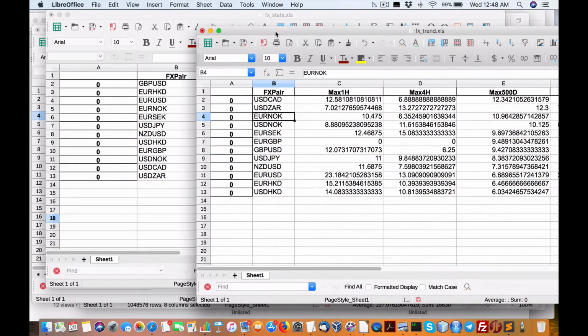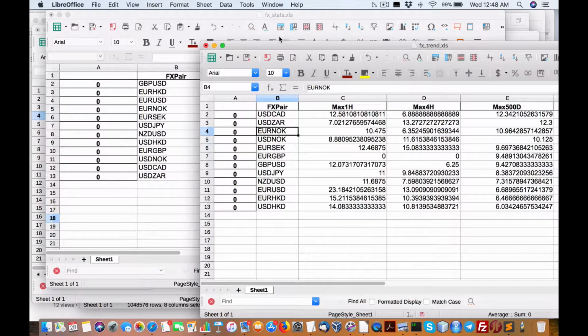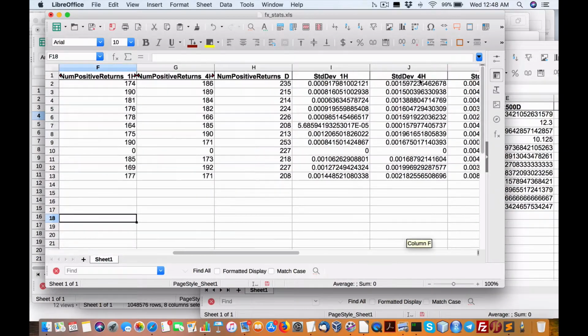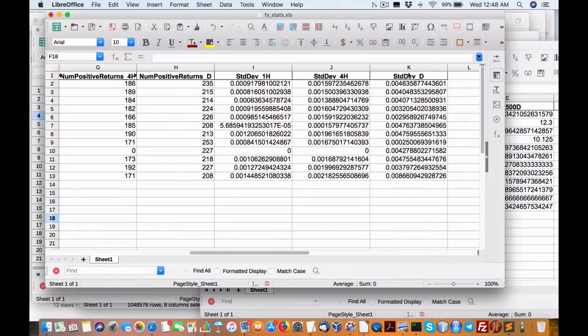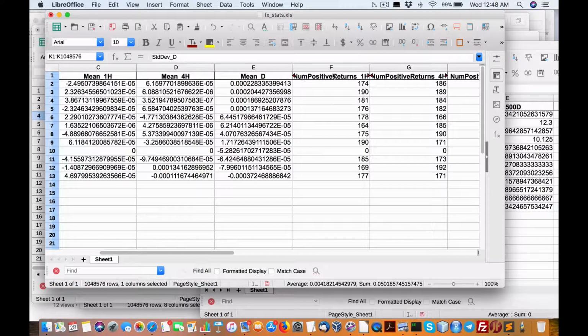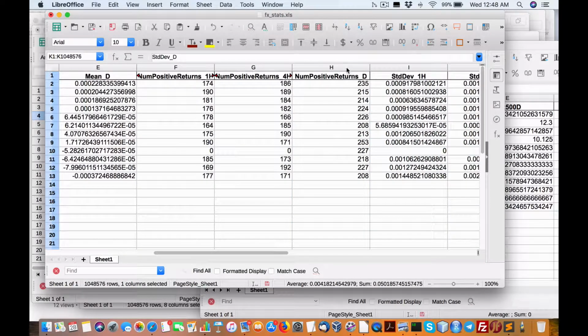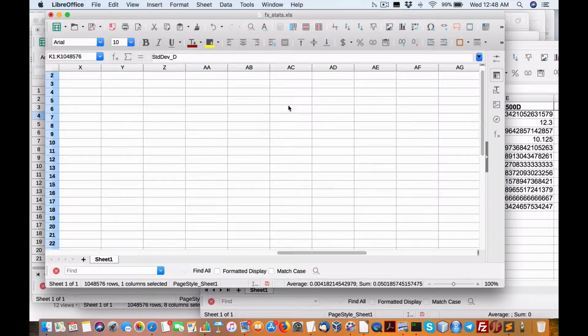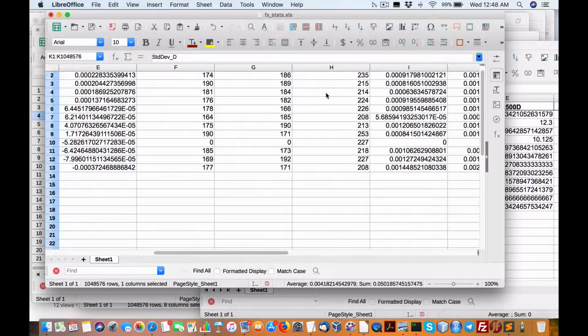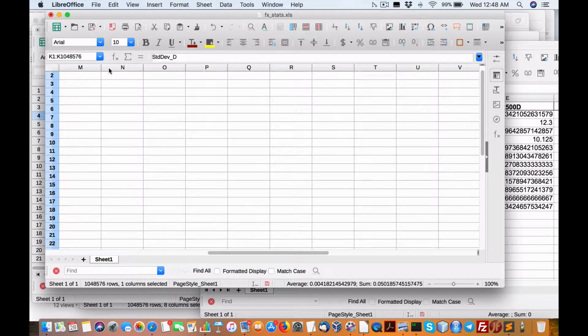So let's see statistically how this ranks. Once again, let's sort this by column H for end of day number of positive. Just give me a second here.